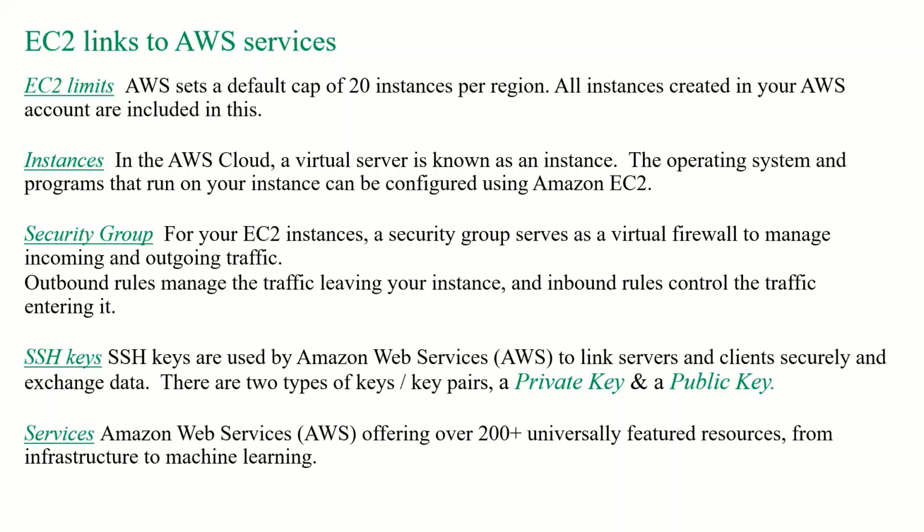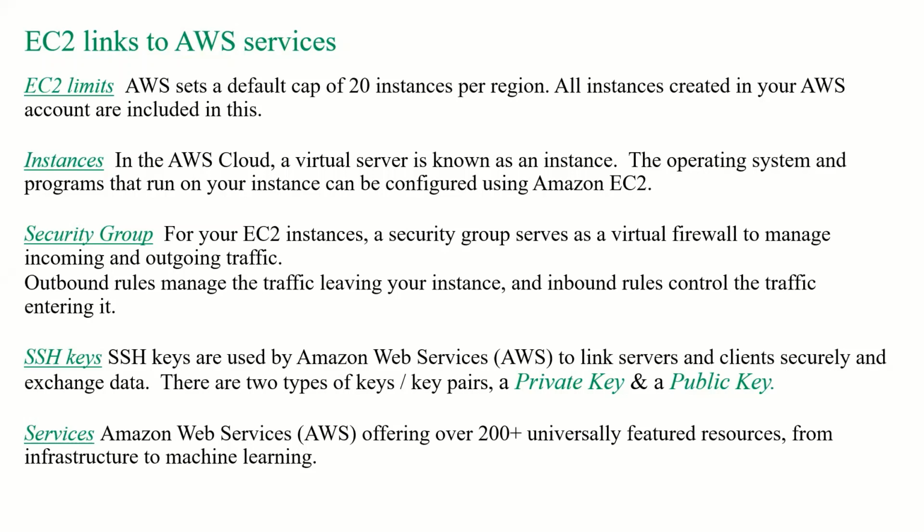All put together, it cannot go beyond 20 instances, 20 virtual machines under one single AWS account. That is what it is. Either you are free to create 20 virtual machines in one single region, or you can spread them across different regions.